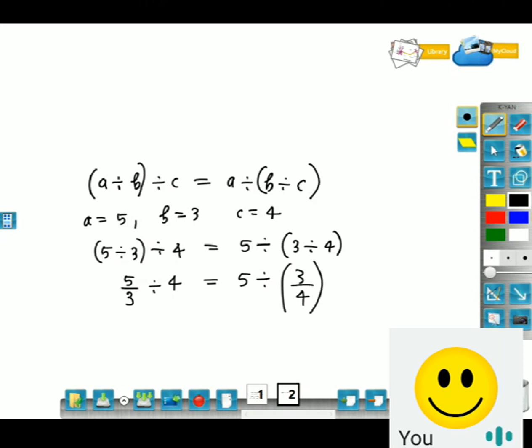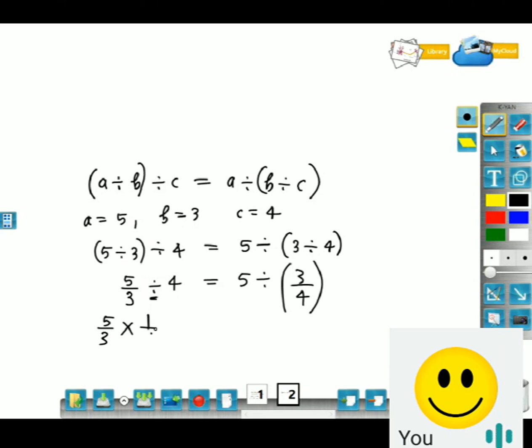Now we know that whenever we are dividing, we have to take the reciprocal of the second term and change the division sign into multiplication sign. So 5 by 3 we'll write as it is, this division we convert into multiplication, and after converting we have to take the reciprocal of 4. What is the reciprocal of 4?